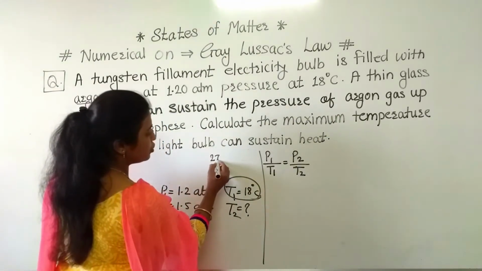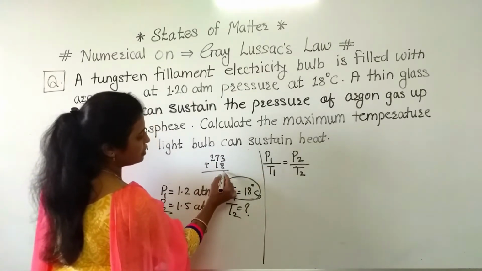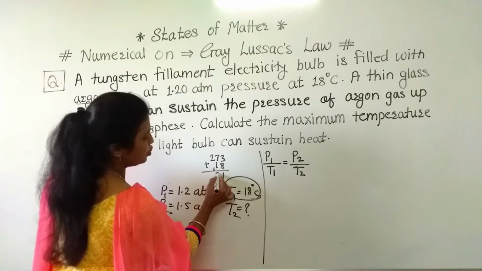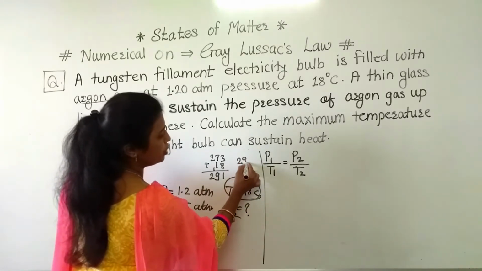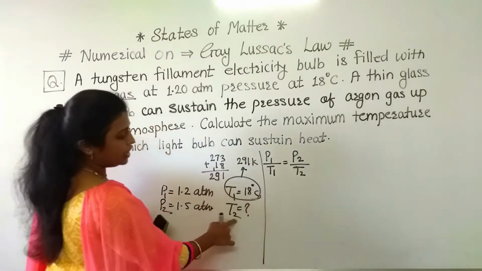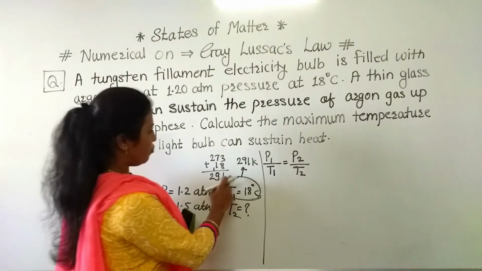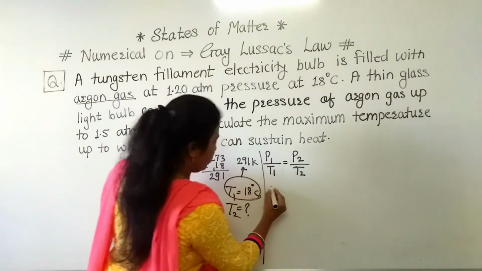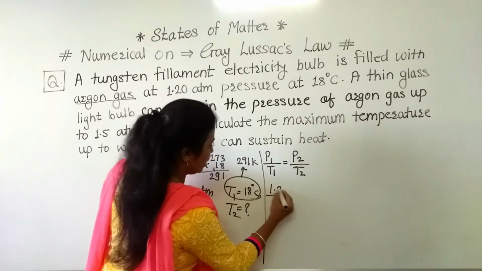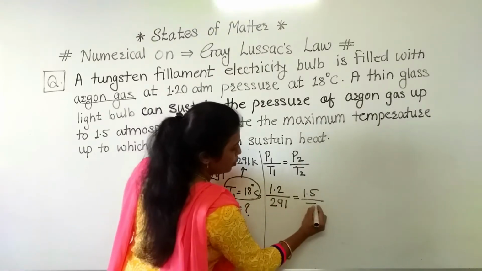So 273 plus 18 means T1 will be 291 Kelvin. Here we will get the answer, T2, in Kelvin only. So we are going to put all these values. P1 is 1.2, T1 is 291, P2 is 1.5, T2 we have to find out.